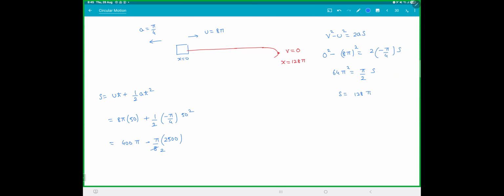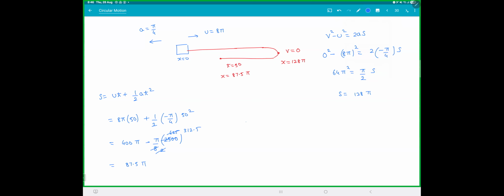This will be 625, then the 2s are 312.5. That would be 87.5 pi. That means from the initial position, this guy will eventually come here at t equal to 50. You will be at x equal to 87.5 pi. So this is the meaning of it. This fan will rotate clockwise for 128 pi, and then rotate anti-clockwise for 87.5 pi in 50 seconds.